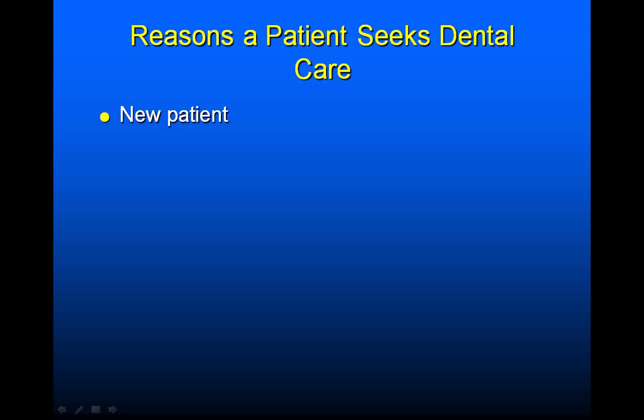A new patient, think of someone who might have recently moved to your area and they're looking for a new dentist. Or it could be a patient that their dentist retired and now they need to find a new doctor. Or it could be that their insurance changed. Oftentimes, patients will go to a dentist based on who is a provider for their dental insurance plan.